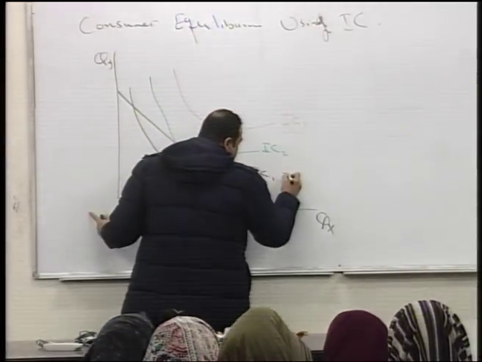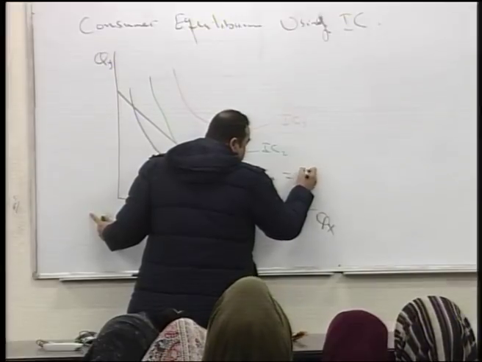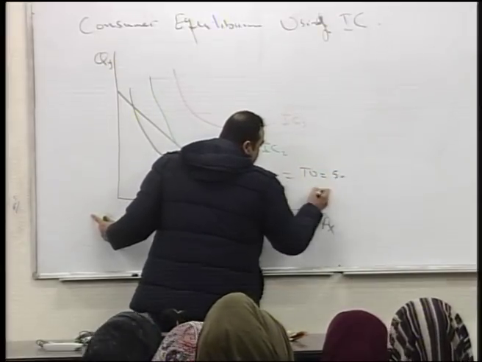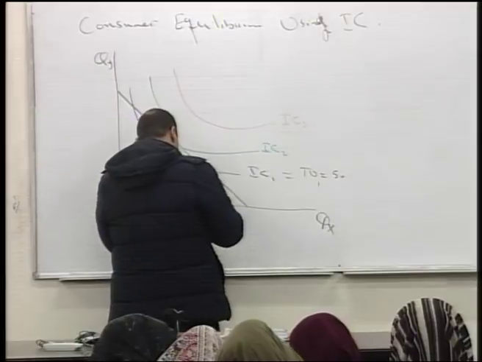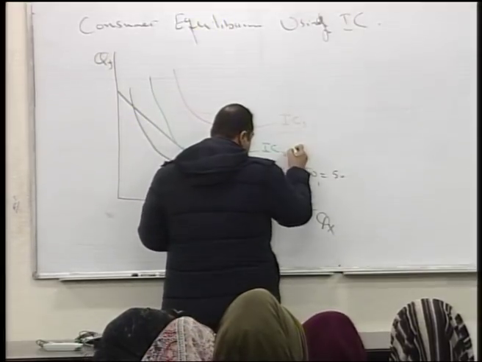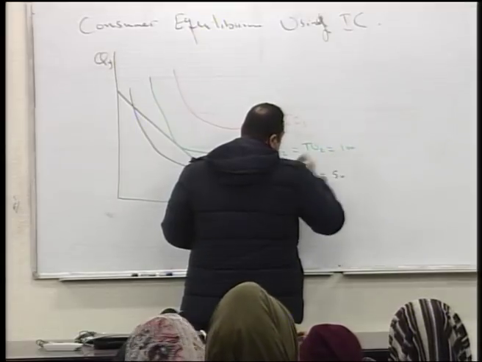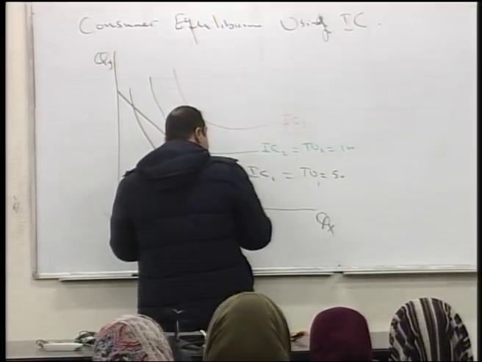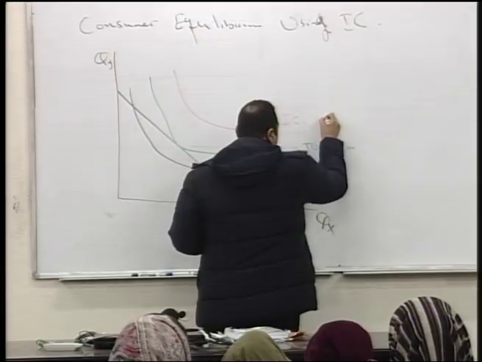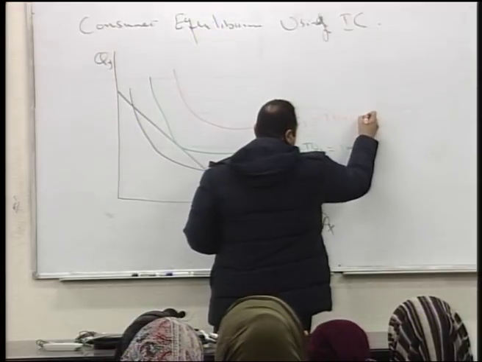At IC1, the total utility, TU1, equals 50. TU2 equals 100. And TU3 equals 140.